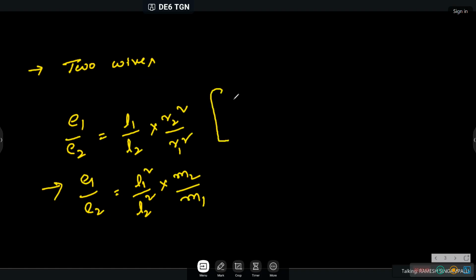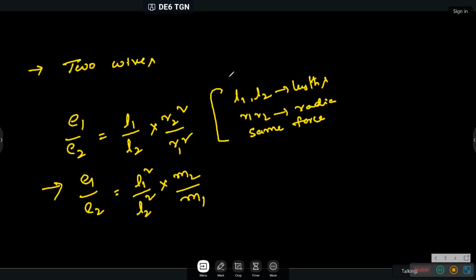Just simple. Here see, L1, L2 lengths, R1, R2 radii. Otherwise, same force we have to apply, same material. Means what? Density is constant. Two wires, same material.